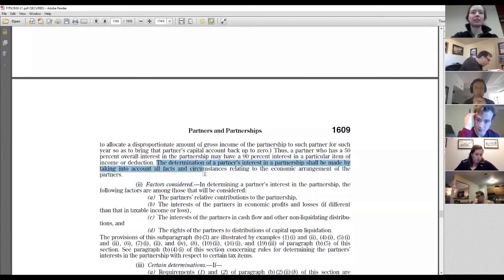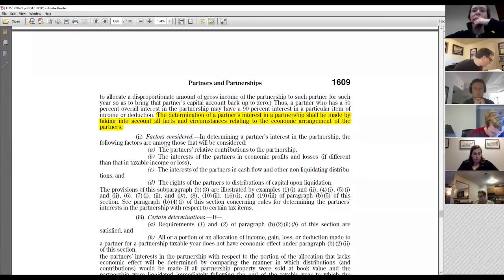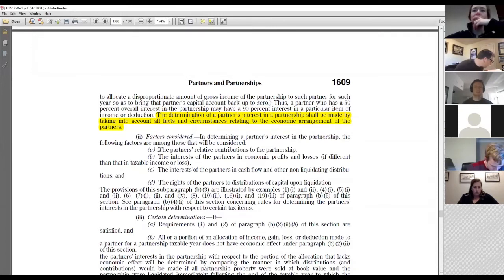All the facts and circumstances relating to the economic arrangement. Trying to understand the economics of their deal. And all those economic facts and circumstances are relevant. And here are some facts that are relevant, but no weighting of these factors.